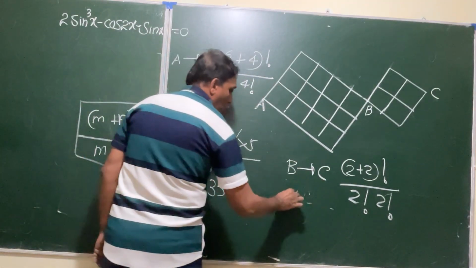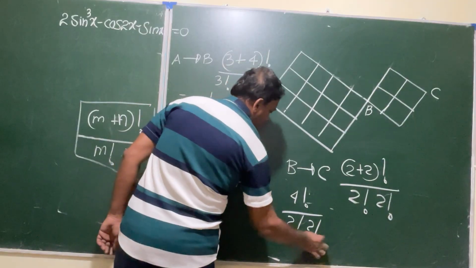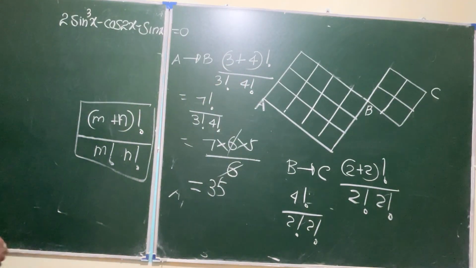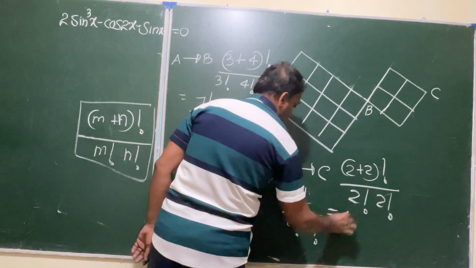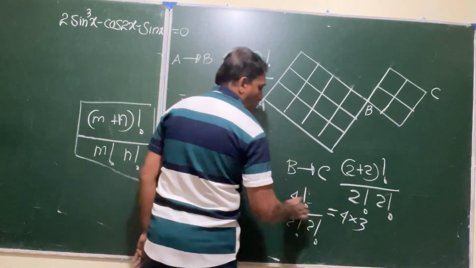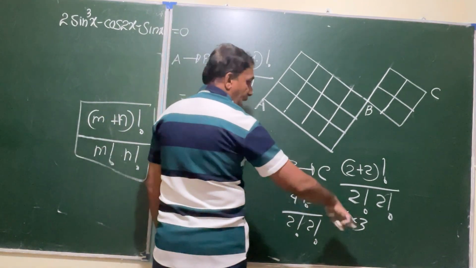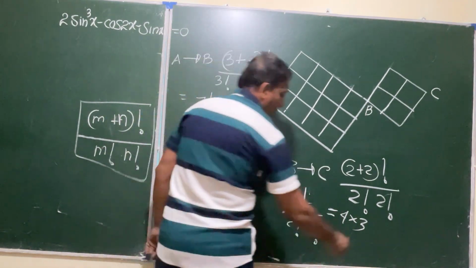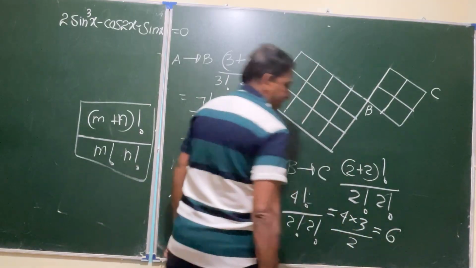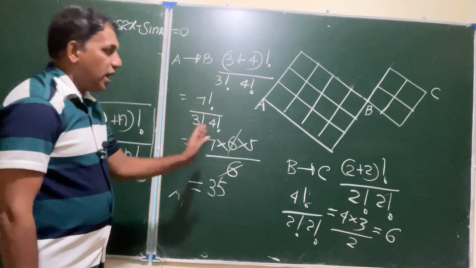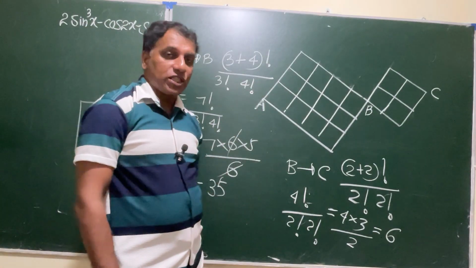Therefore, the answer is 4 factorial over 2 factorial 2 factorial. So simplify, get the value. What is the simplification? 4 into 3 into 2 into 1, or 4 into 3 and factorial 2 cancels with the below 2. Therefore 12, 6, is it? 6 chances. A to B, 35 chances. B to C, 6 chances.